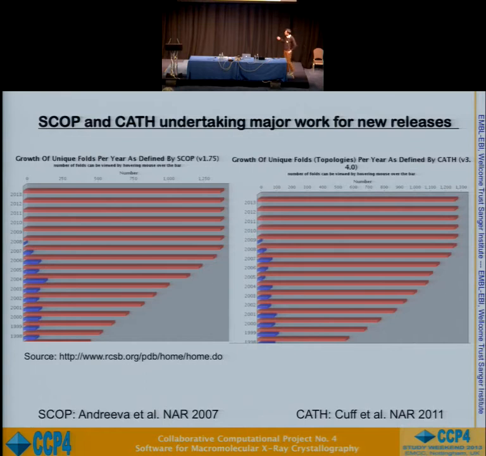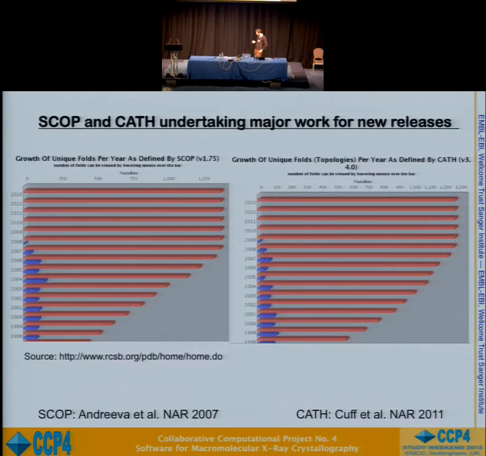So for example, if you go to the PDB website, these are new folds in SCOP, new folds in CATH. The blue bars are the new folds per year. And you see that after 2008, 2009, there's nothing. So you could think that, well, we are solving structures, that there are no more new folds. But in fact, the reason is that the databases are not complete.